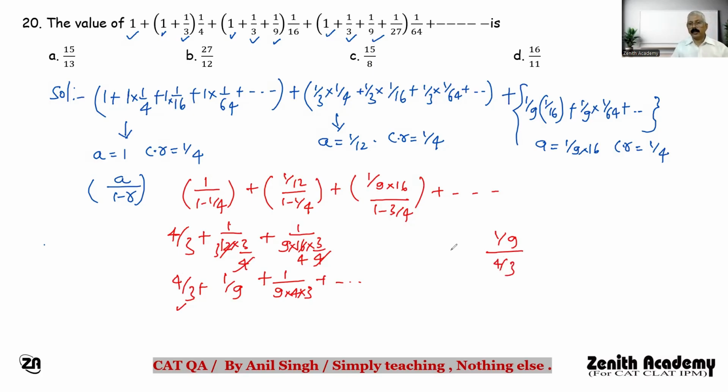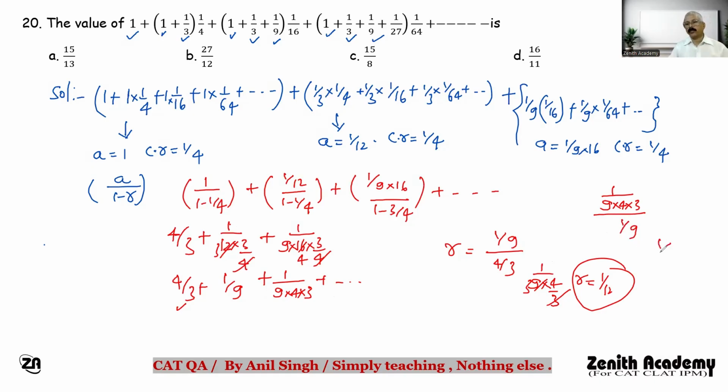What is it? It is a ratio between the second term and the first term. So this is coming 1 upon 9 into 4 by 3, means 1 upon 12. If you take the second term and the third term, then it is 1 upon 9 into 4 by 3 by 1 upon 9.